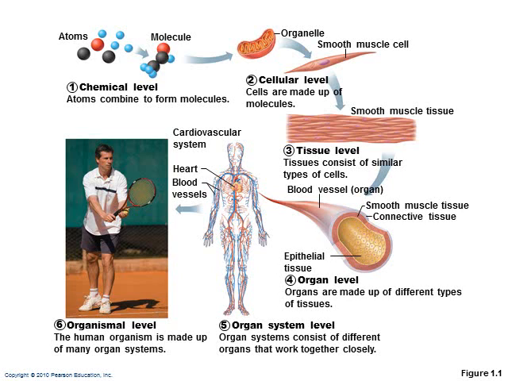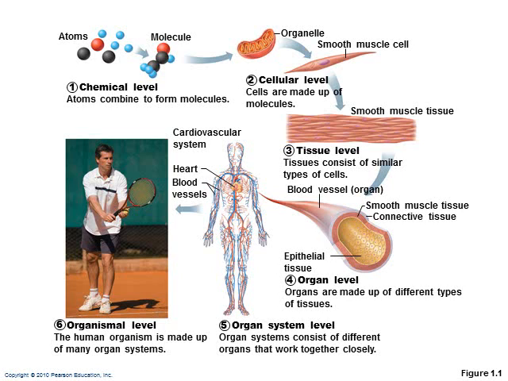And each organ system is made of a different set of organs. Alright, so we have something like the cardiovascular system, which consists of the heart and the blood vessels. We have the respiratory system, which consists of the lungs, the trachea, and all the associated vessels therein. So we have organ systems made of organs.